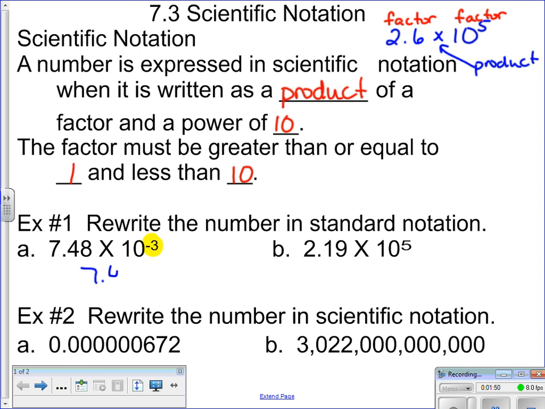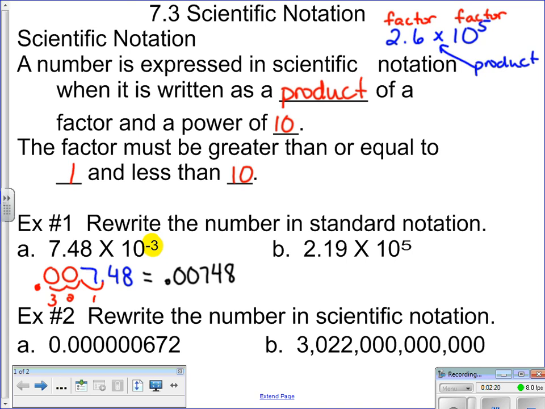So I take my 7.48 and move the decimal 3 places to the left. That's 1, 2, and 3. So the decimal is moving in front. The final answer is 0.00748.